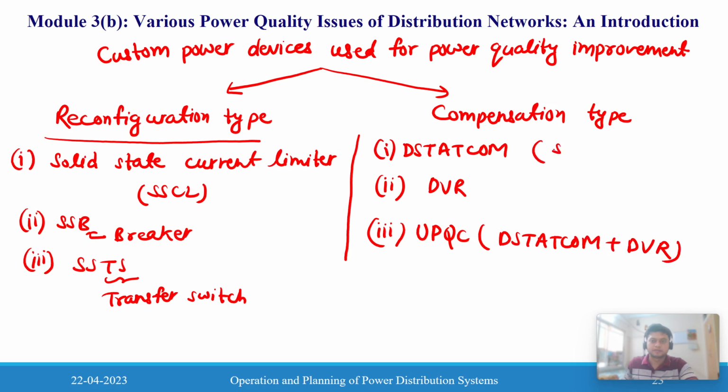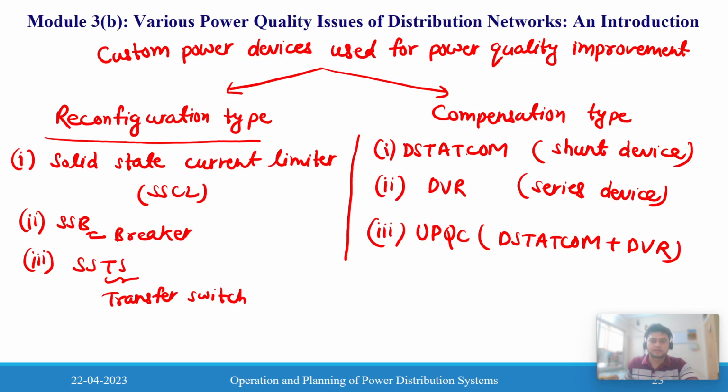D-STATCOM is a shunt device, connected in shunt, while DVR is a series device, connected in series. This is used to either compensate load, correct its power factor, and improve the quality of supplied voltage.